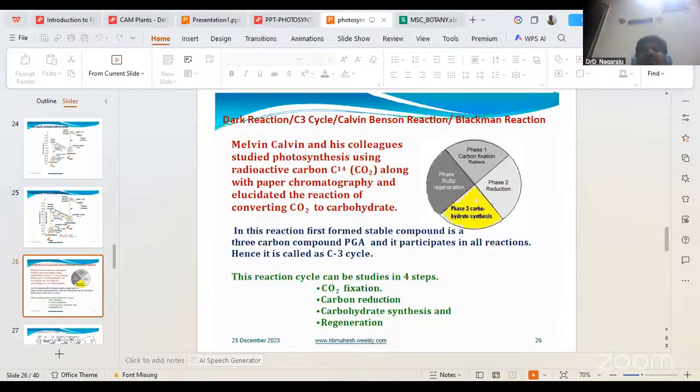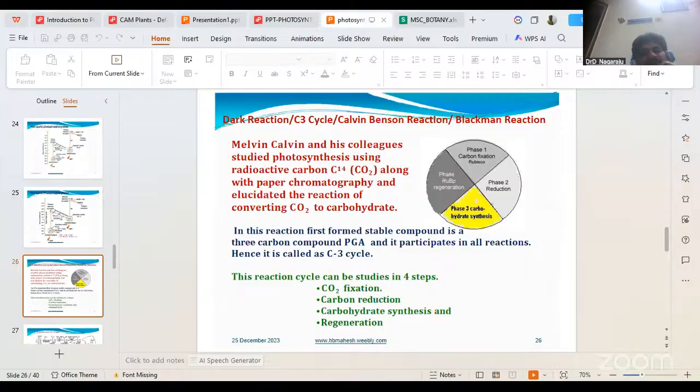The first step is absorption of carbon dioxide, the fixation. What is happening here? What I told you, 40% of the protein present in the plant is RuBP, ribulose 1,5 bisphosphate.